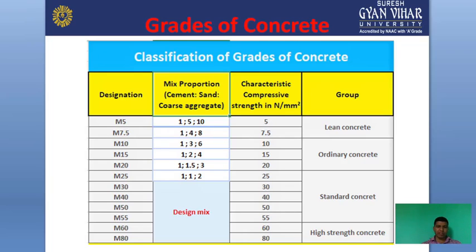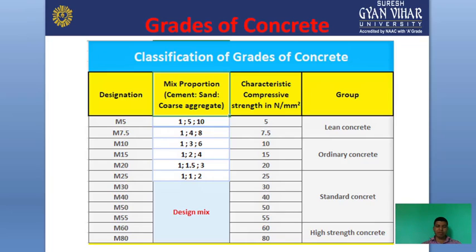What is 1? 1 is one bag of cement, 5 is sand, and 10 is aggregate. After 28 days, M5 grade concrete will give us a compressive strength of 5 Newton per mm square.